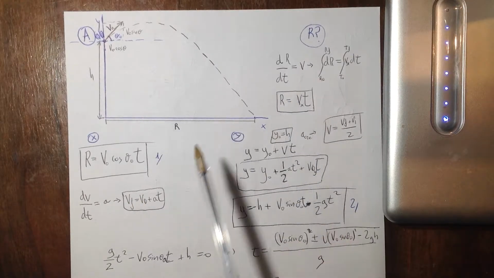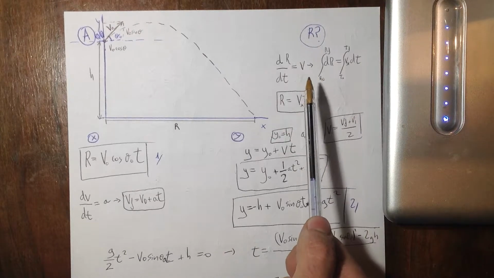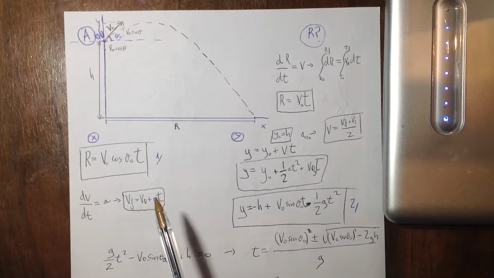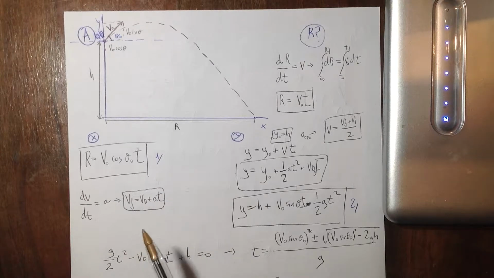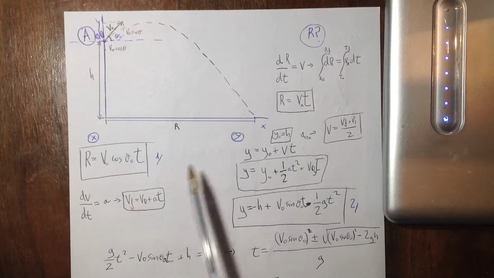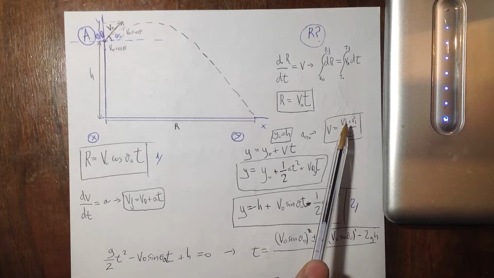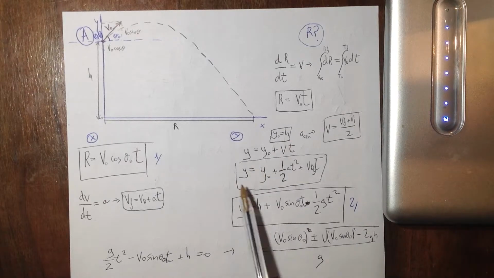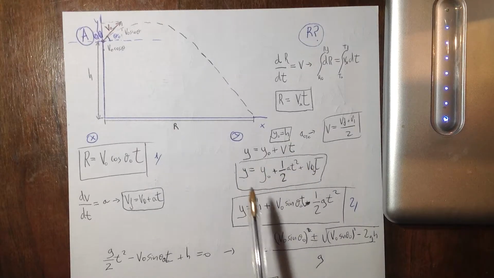Applying the same method we used before, we obtain the equation that the final velocity equals the initial velocity plus acceleration times time. Now, knowing that, we plug in this equation and this equation, and we obtain this equation. Okay, it's clear now for everyone.